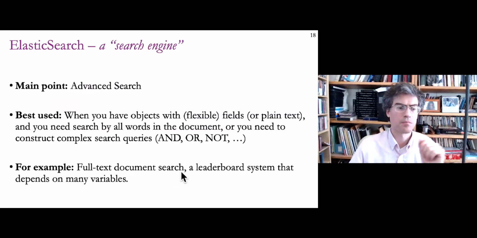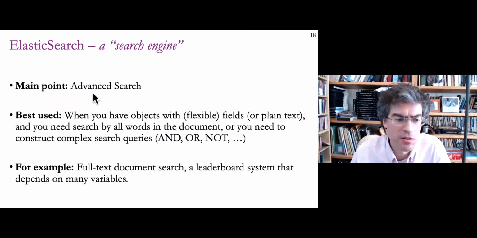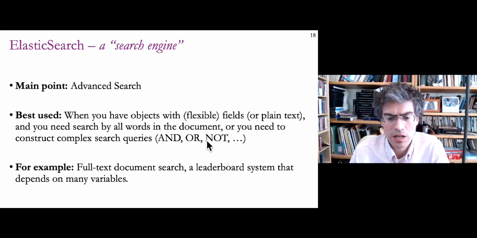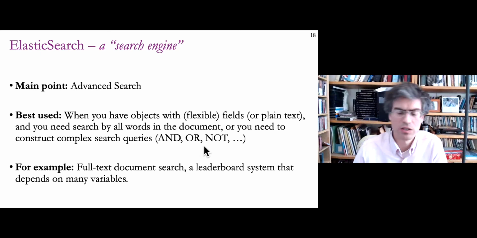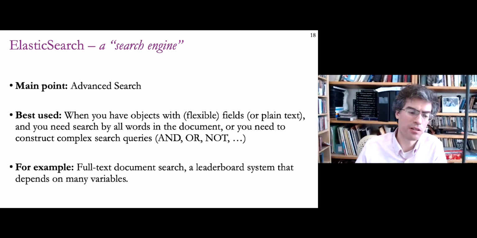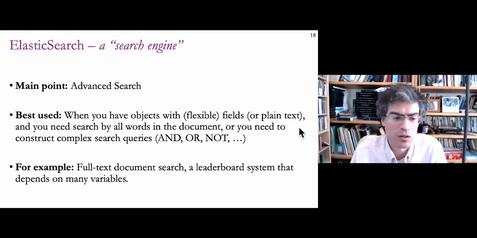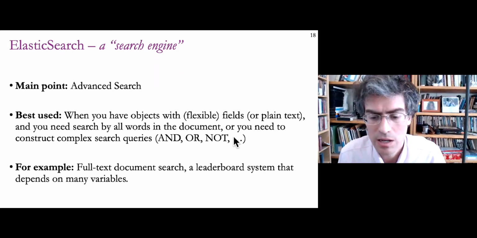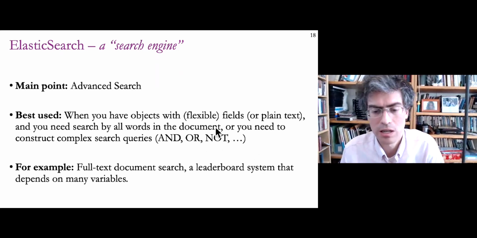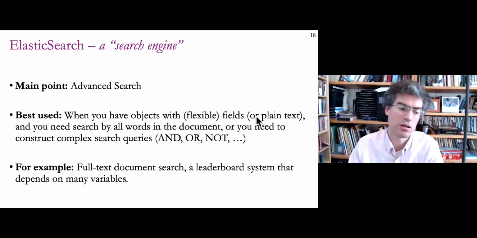Okay. So the main point of this is for advanced search. You can define flexible fields, and actually you can do queries that match not just words, but words in particular fields and whatnot. So actually, using a Lucene query syntax, it's pretty complex, and the implementation is a lot more complicated than just having a simple inverted index that I talked about, in order to support the different kinds of queries like ands and ors and nots, and searching under different fields, not just across the whole document.